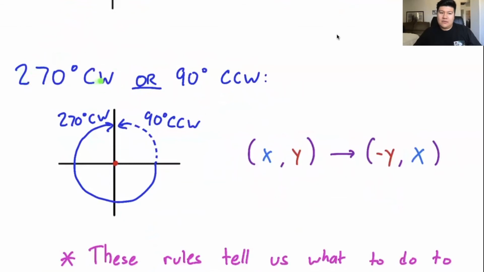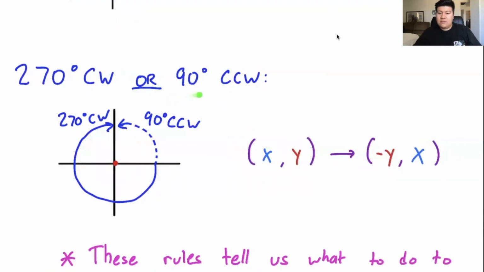Now, same as before, we have 270 degrees clockwise or 90 degrees counterclockwise, because if we start here and go clockwise, we end up right here. If we start here and go counterclockwise, we end up in the same spot. So the rule for this is we have X and Y, same as before.